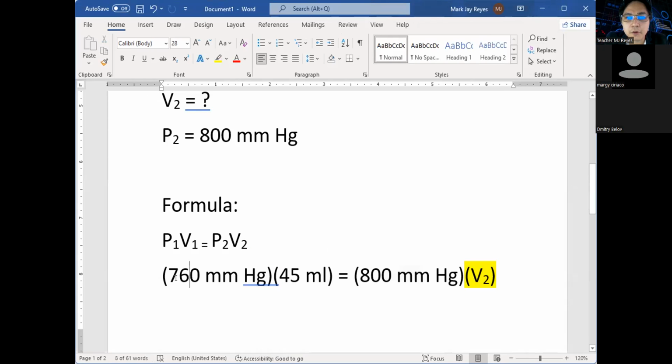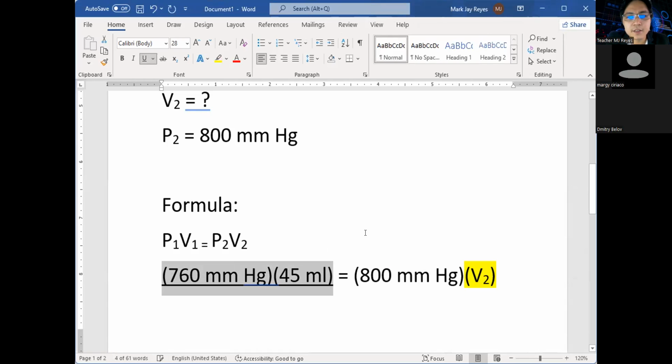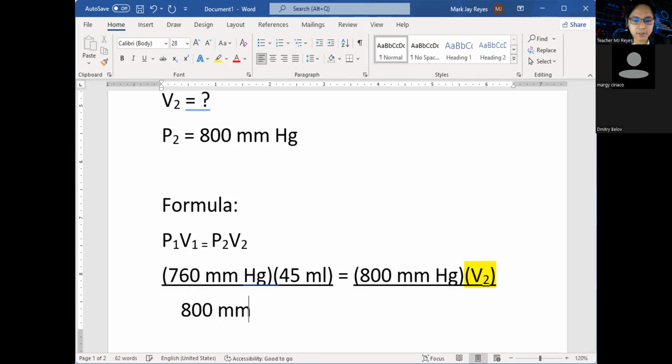Divide both terms with 800 millimeter of mercury.